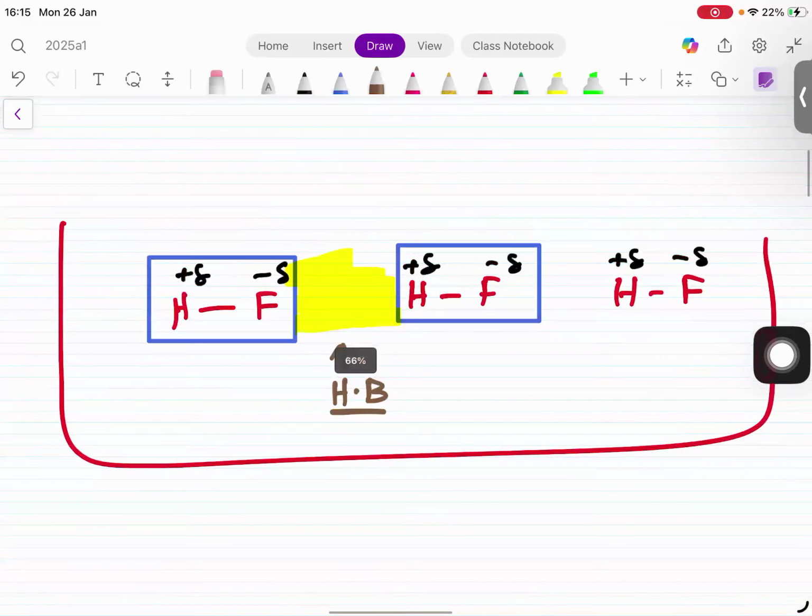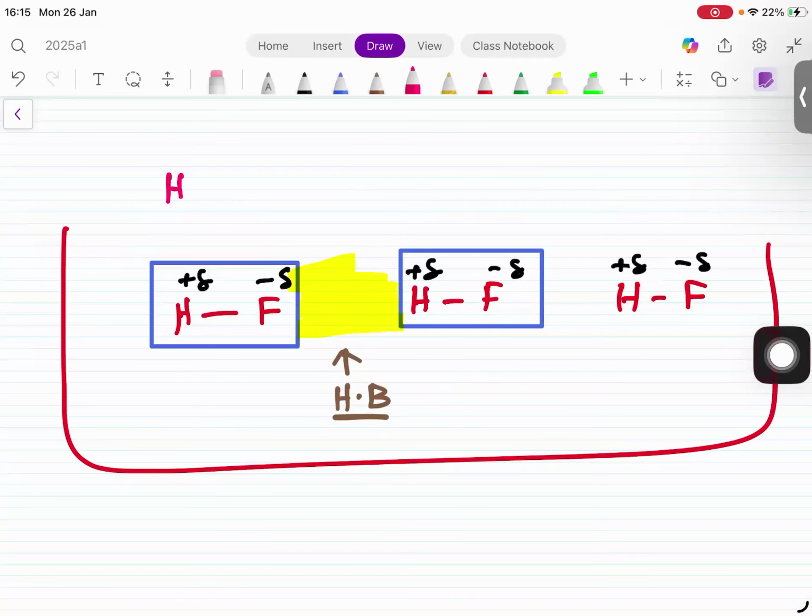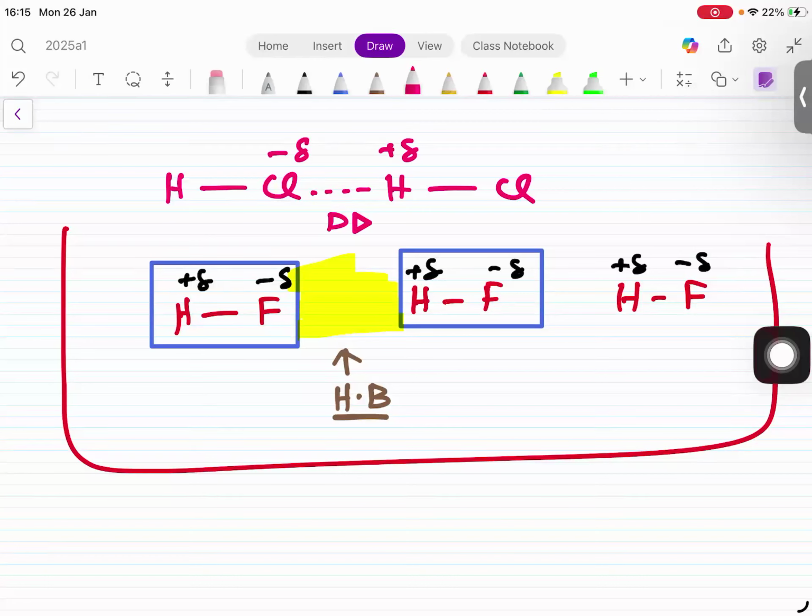A while ago, the same force, what I was giving the name, here it is known as what? PD or dipole. Why? What is the difference? There is a hydrogen. Hydrogen bonded to F, O, or N is always a hydrogen bond. When it's not bonded to those, it is a variable force.